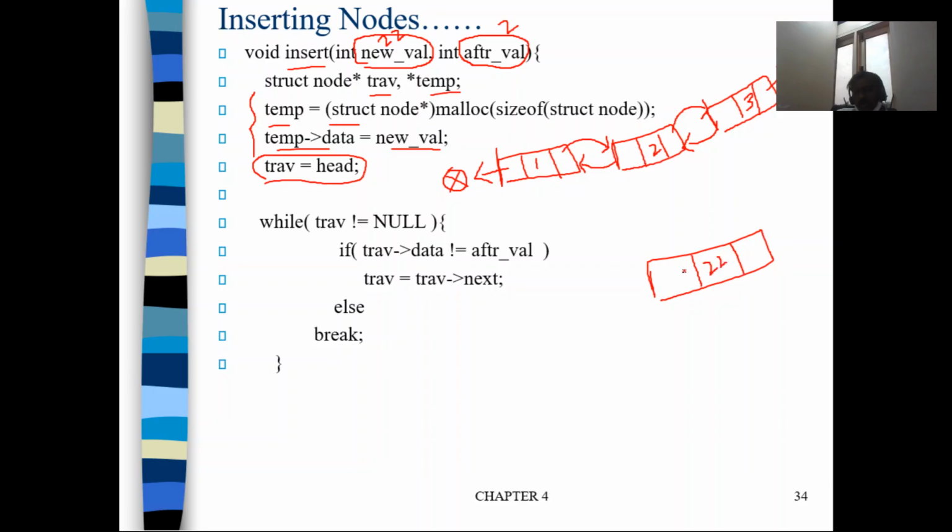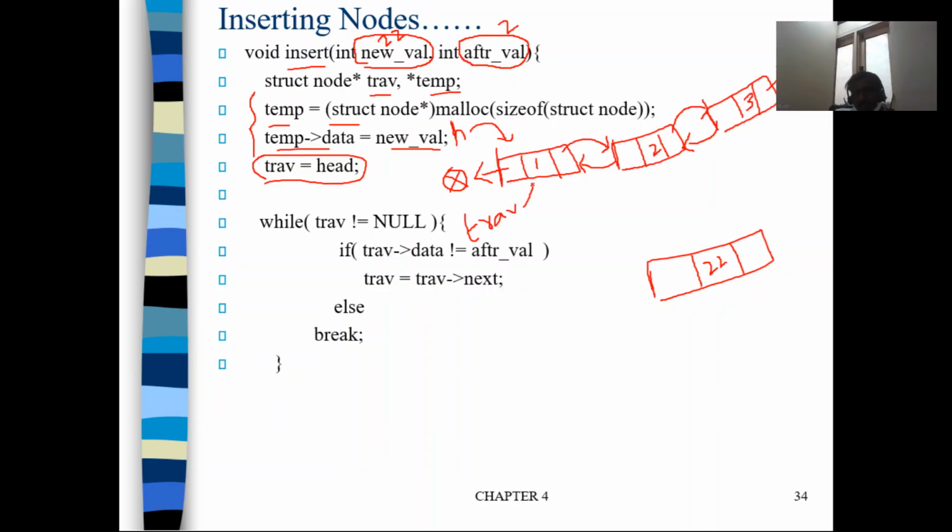We don't know its next and previous, as so far we have not assigned anything. And traverse is equal to head. Head is pointing to the first node, so traverse will also point to the first node.